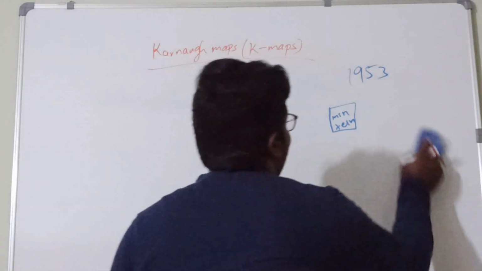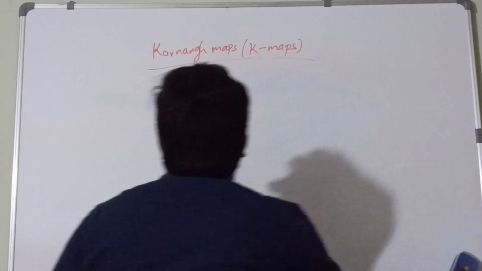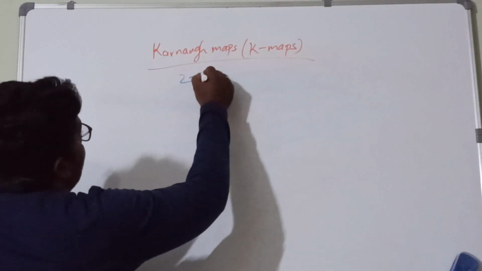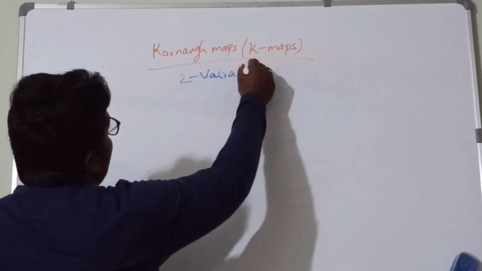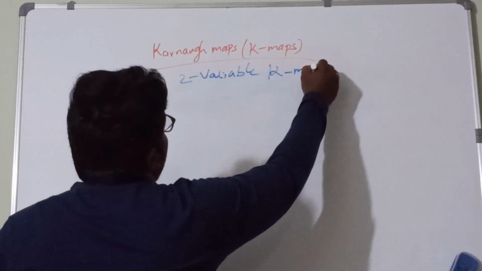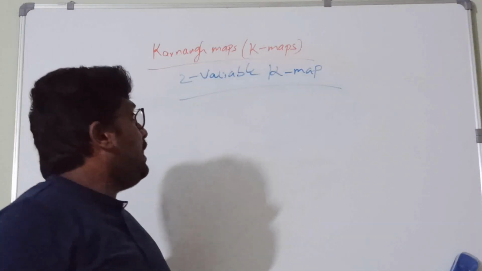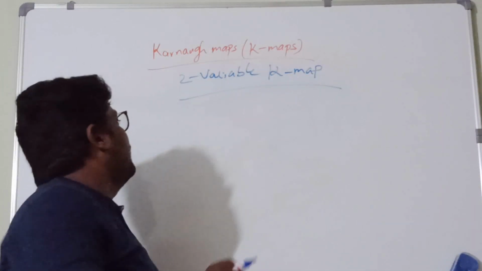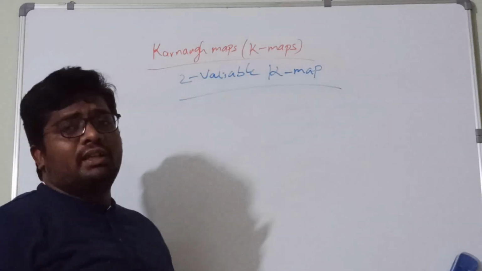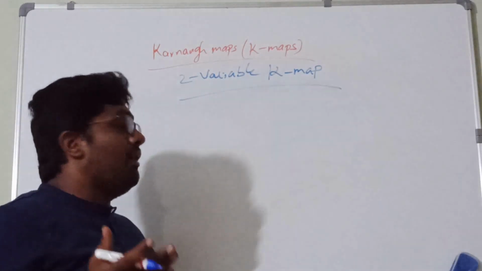Right? So now let us have a look at the 2 variable K-map.